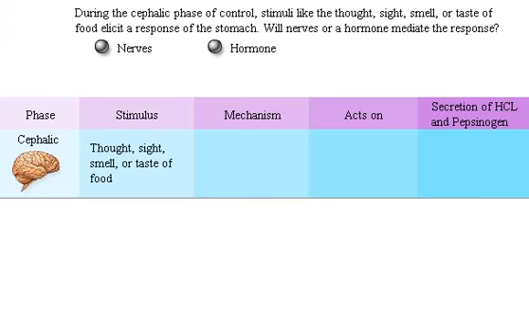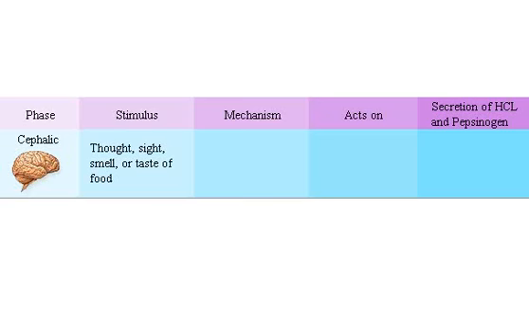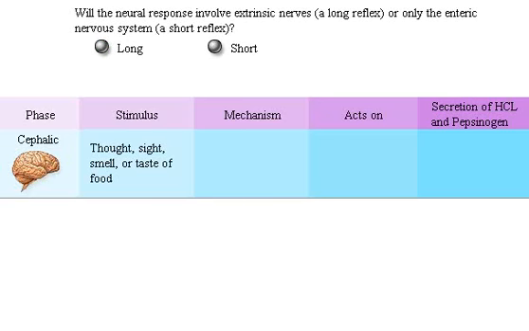During the cephalic phase of control, stimuli like the thought, sight, smell, or taste of food elicit a response of the stomach. Will nerves or a hormone mediate the response? Will the neural response involve extrinsic nerves, a long reflex, or only the enteric nervous system, a short reflex?